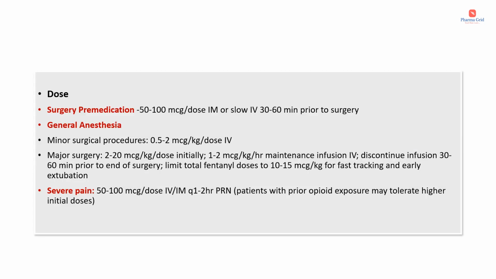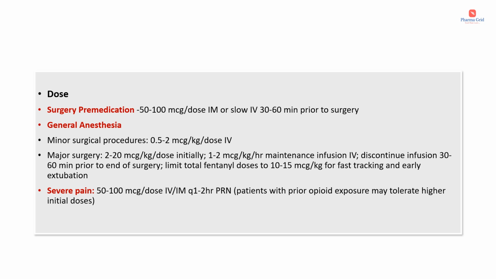So the dose of fentanyl in various conditions includes: first, for surgery pre-medication, 50 to 100 microgram per dose IM or slow IV 30 to 60 minutes prior to surgery. In case of general anesthesia, for minor surgical procedures, 0.5 to 2 microgram per kilogram per dose IV. For major surgery, 2 to 20 microgram per kilogram per dose initially, then 1 to 2 microgram per kilogram per hour maintenance infusion IV.